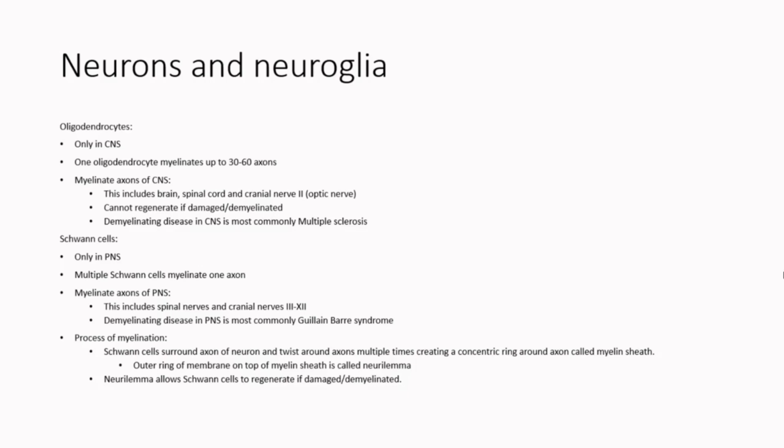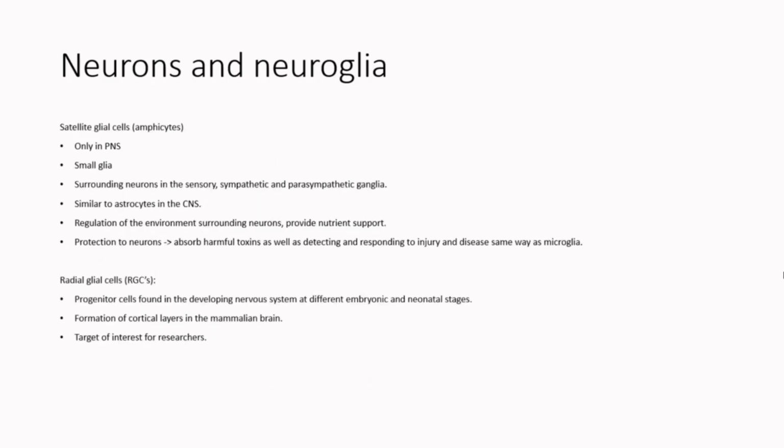The most common demyelinating disease we find in the PNS is GBS, the Guillain-Barré syndrome. Here's the thing, compared to the oligodendrocytes, they can regenerate if they are damaged or demyelinated.